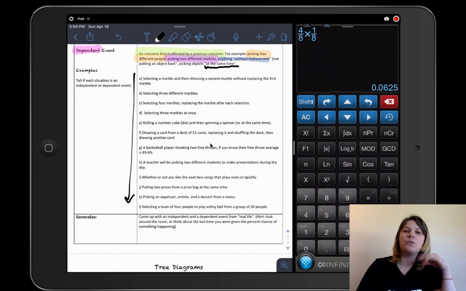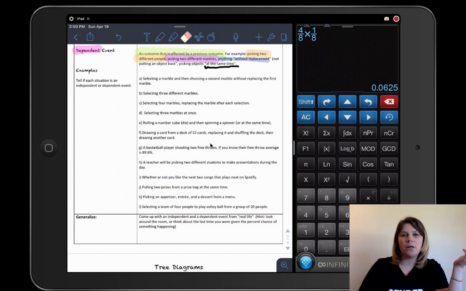What I want you to do is read through them and decide if they are independent or dependent. And then I'm going to go through one by one and kind of explain each one. Again, pause, do these on your own, come back. You don't have to listen to me go through every single example one by one.